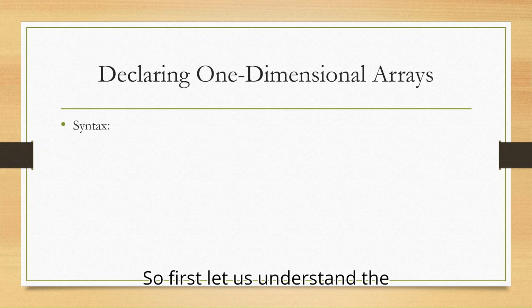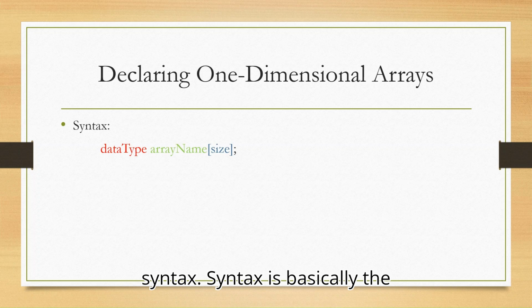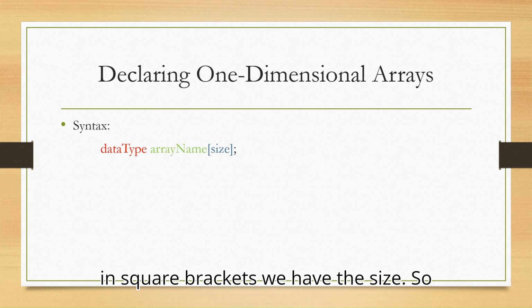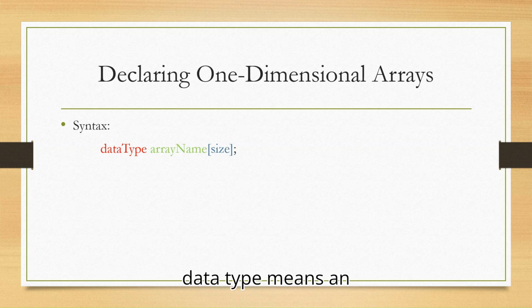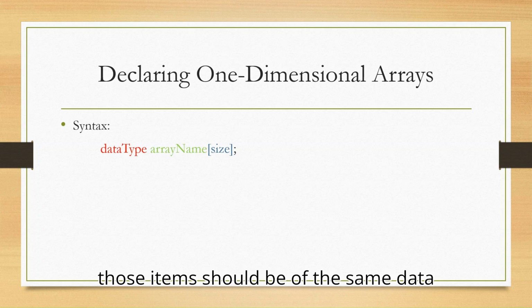So first, let us understand the syntax. Syntax is basically the data type, array name, and in square brackets we have the size. Data type means an array can only store one type of data. It can store an unlimited number of items, but those items should be of the same data type.